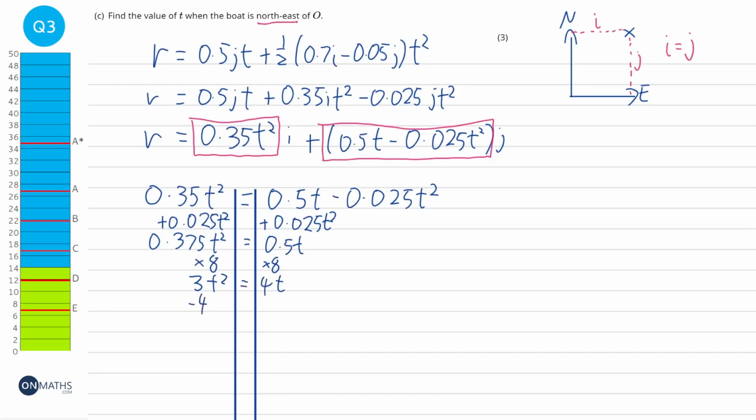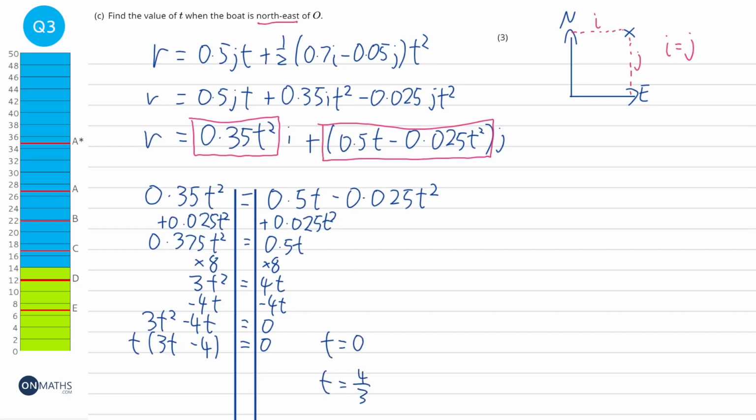And we can subtract the 4t from both sides. You might think we can divide by t, but we really shouldn't, because then we'll miss an answer. So we've got 3t squared minus 4t equals 0. Factorize it, and we've got t brackets 3t minus 4 equals 0. And we can figure out the fact that there's going to be two answers. There's going to be t equals 0 and t equals 4 over 3.